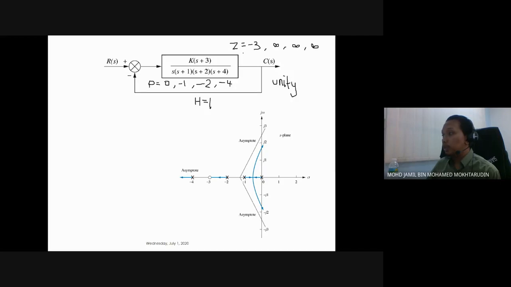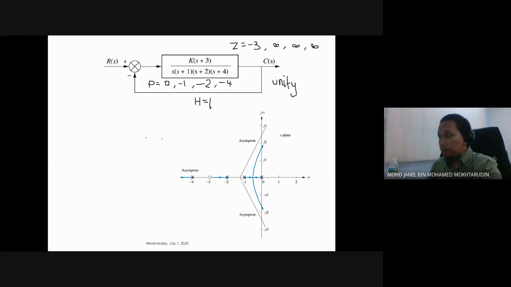So you try to equate the number of zeros and poles that you found. Let's say you found more zeros, then you need to add infinity to your poles so that the number of poles equals the number of zeros.